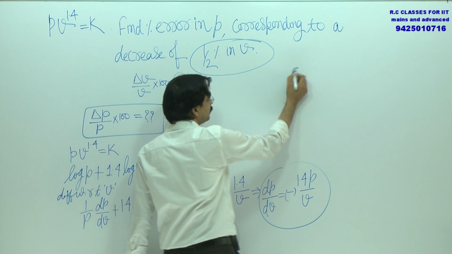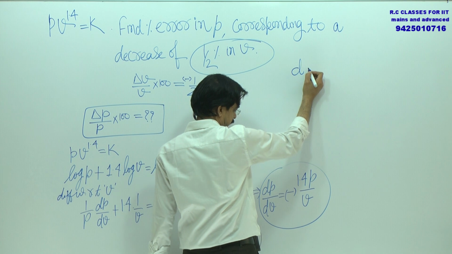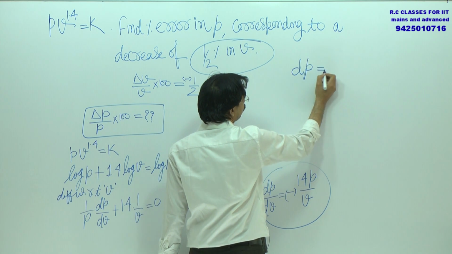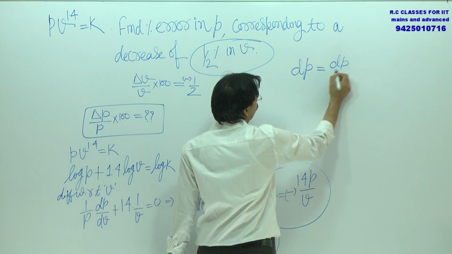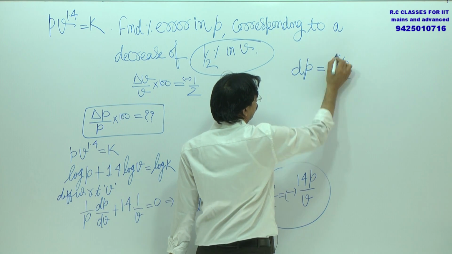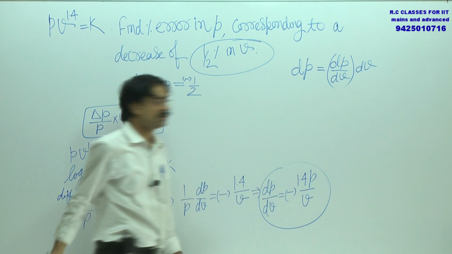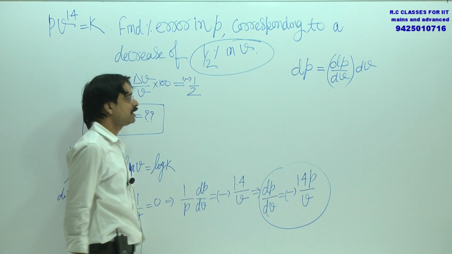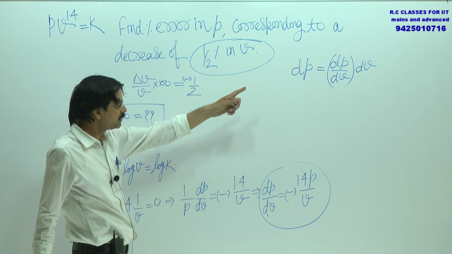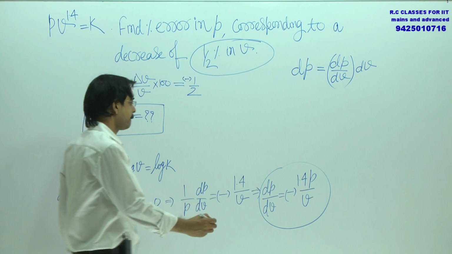Now again, to calculate dP we can use the relation dP equals dP by dV into dV.